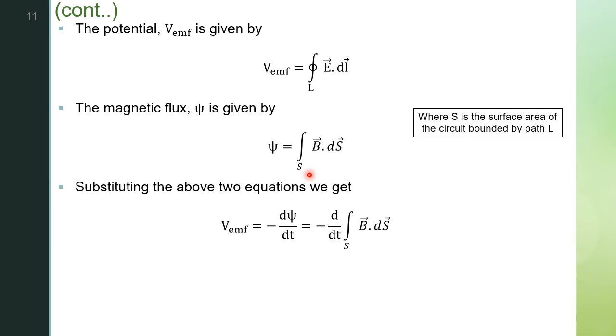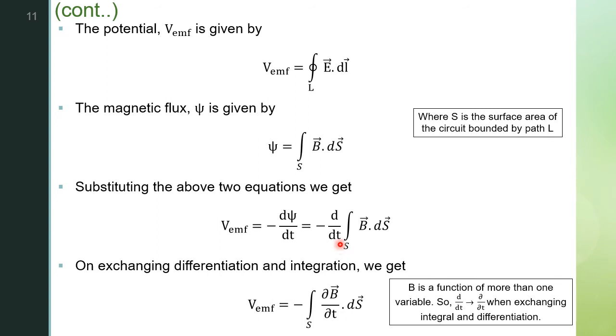Now, considering Faraday's law, V EMF is minus d psi by dt, where we are taking the number of turns to be 1. Substituting the expression for psi, we get minus d by dt integral over S of B dot ds. This is the expression for V EMF. If we want to exchange the integration and the derivative, we take d by dt inside.